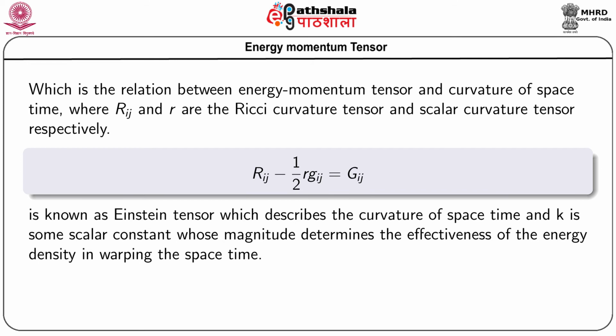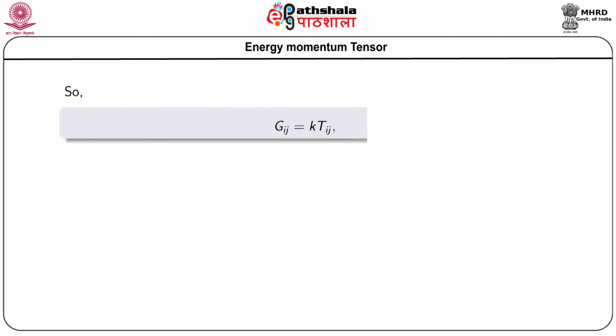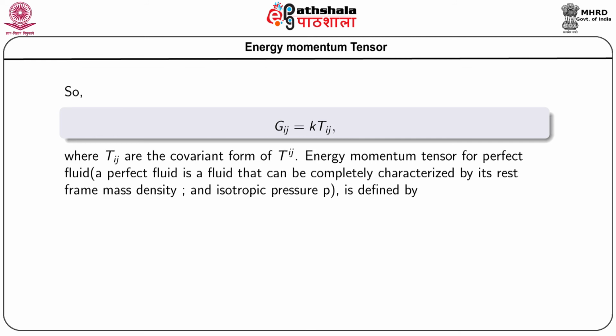So, we can write G_ij equals k T_ij, where k is some scalar constant whose magnitude determines the effectiveness of the energy density involving the space time. But this T_ij is the covariant form of T^ij, which is the contravariant part. So, this is the covariant part of the energy momentum tensor T_ij.